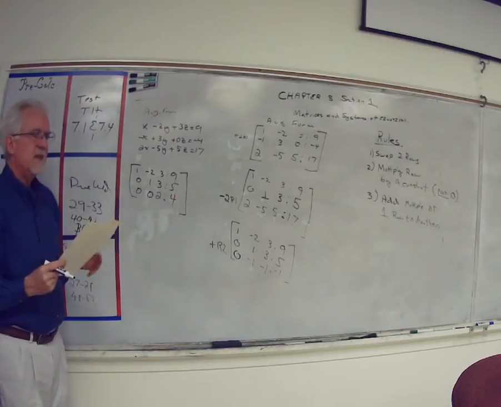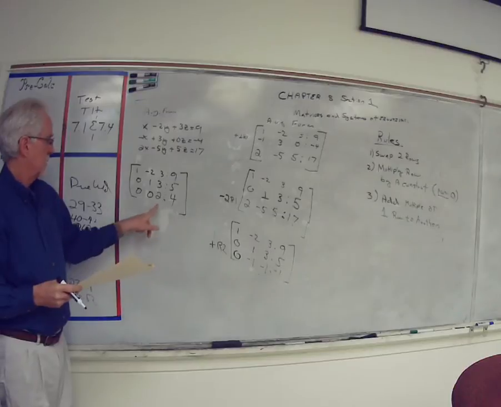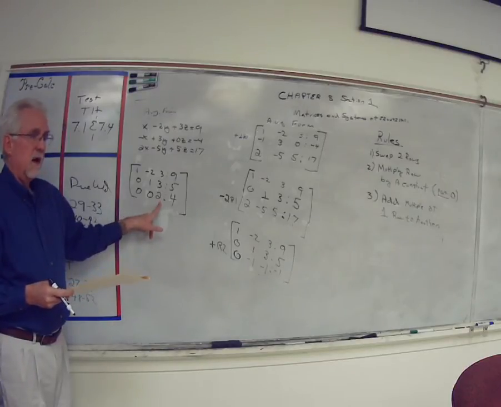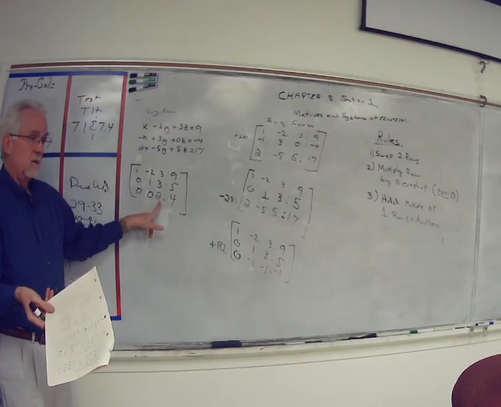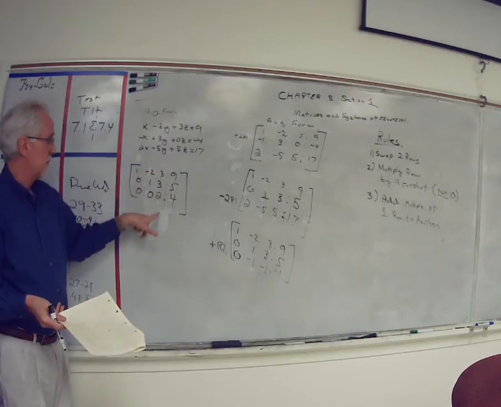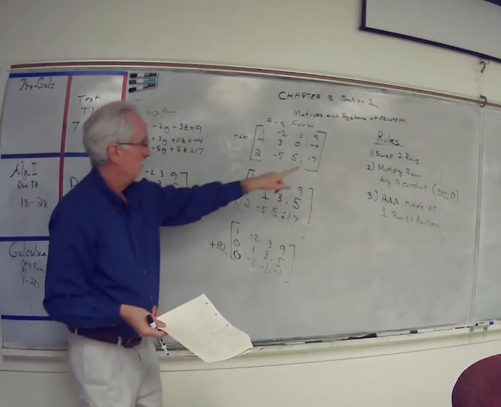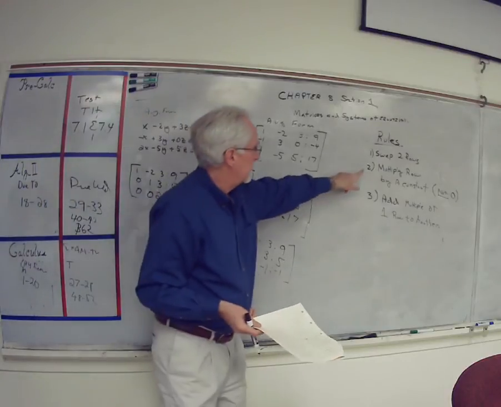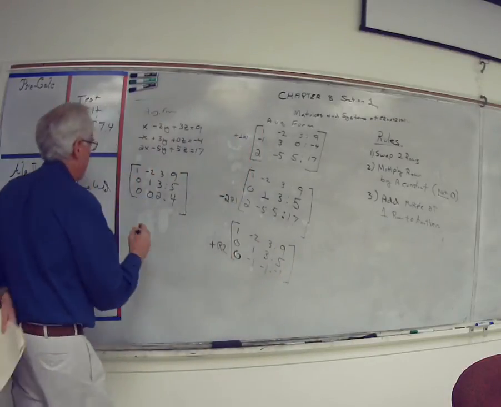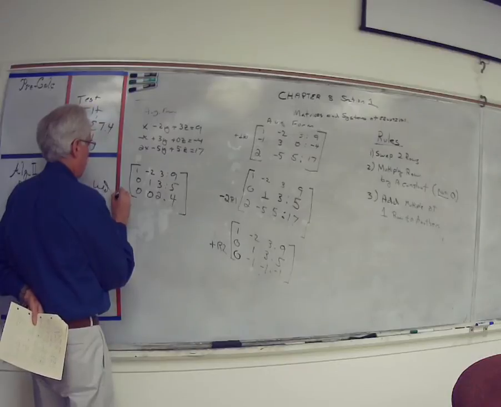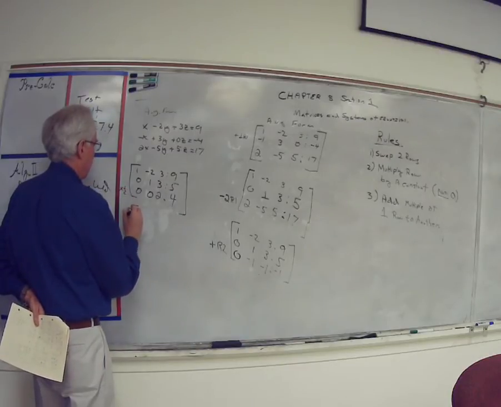What's the one thing that I need? You can divide by 2. I want the 2 to become a 1. Now, I don't do that with other rows. I do that just by what? Multiplying by a constant. So you would multiply row 3 by 1/2. Okay?